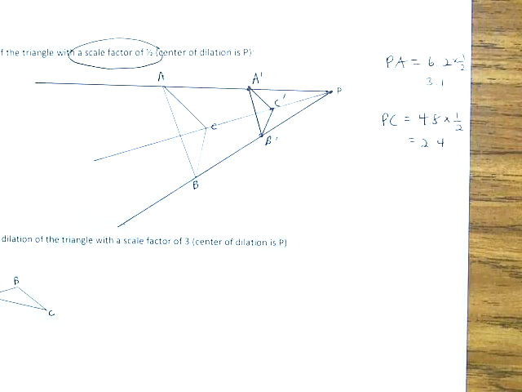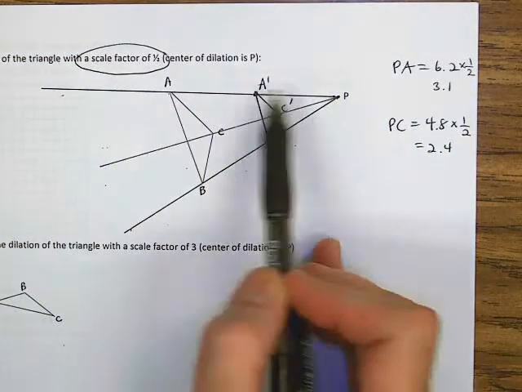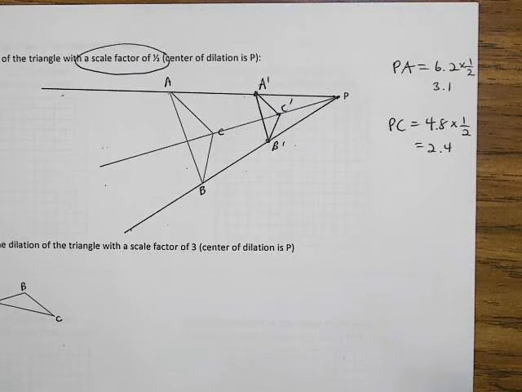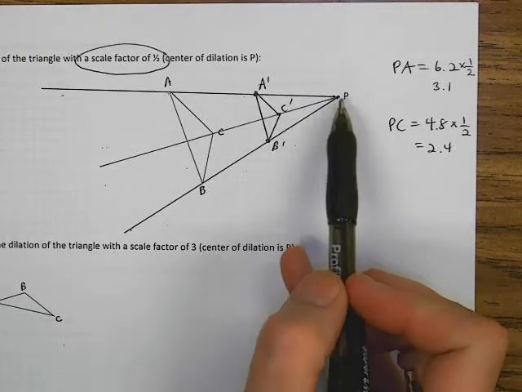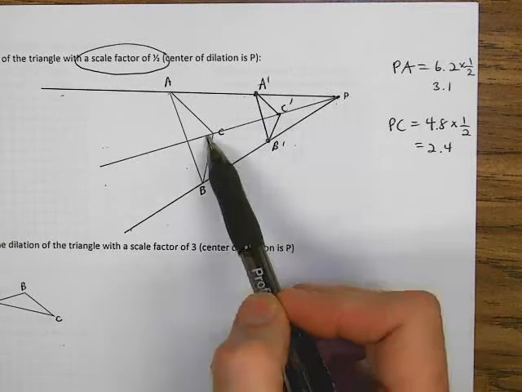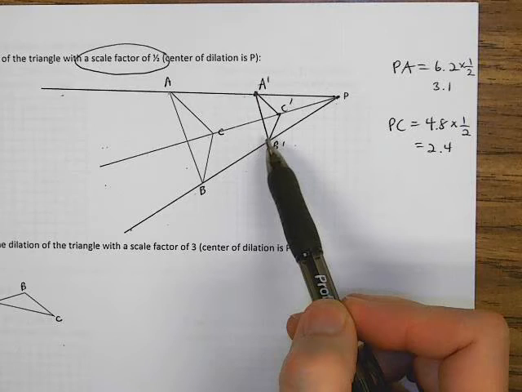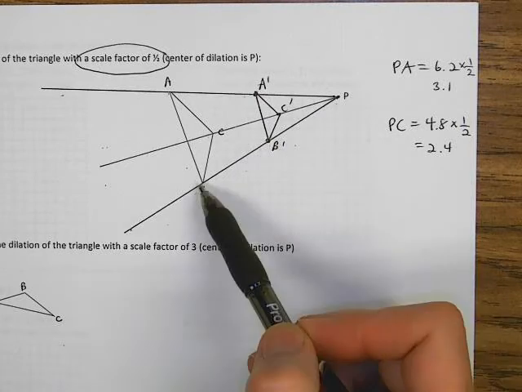So think about what that scale factor means. That means PA to PA prime, that distance should represent 1/2. I'm sorry, that would be PA prime to PA, PC prime to PC, PB prime to PB. It always starts with the new image over the distance to the old image.